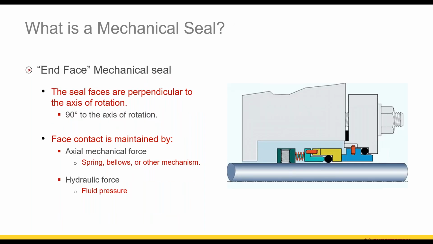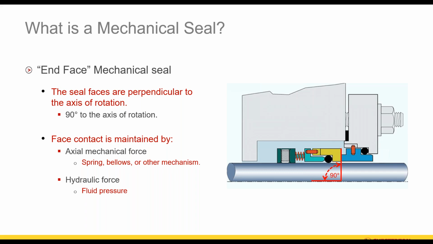So this whole concept of an in-face mechanical seal: the faces are perpendicular to the axis of rotation. That's the real key. What that means is you have the shaft axis and the faces are at a 90-degree angle to that. So they're not sealing on the shaft, they're sealing 90 degrees off from the shaft.